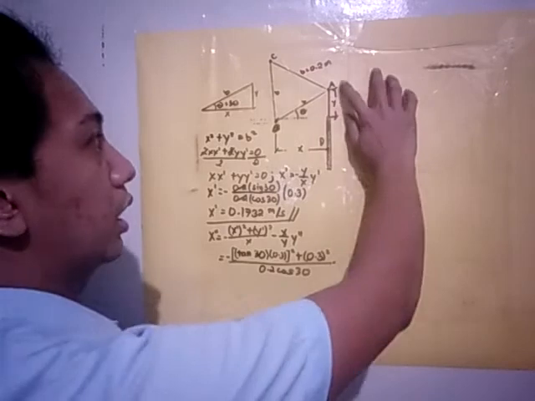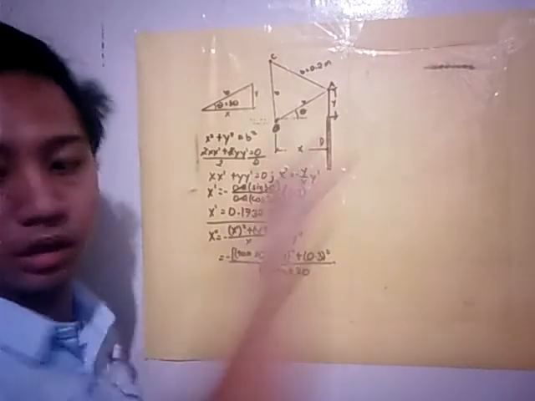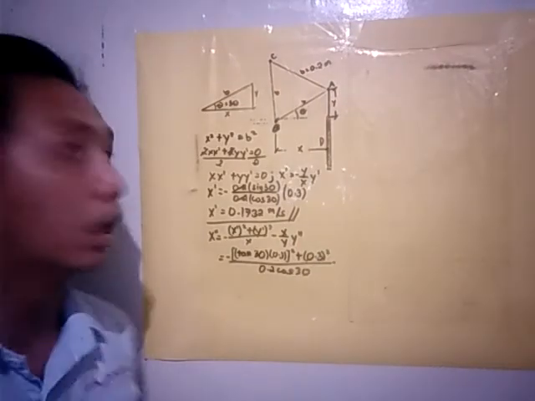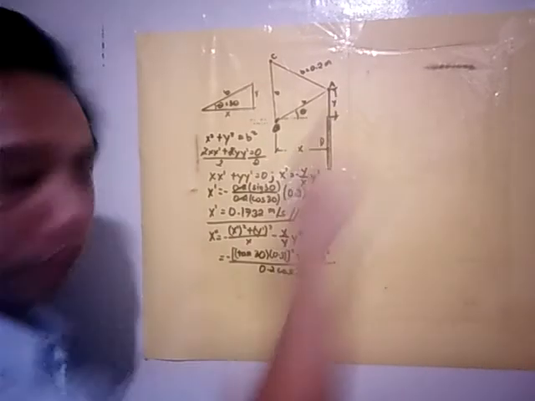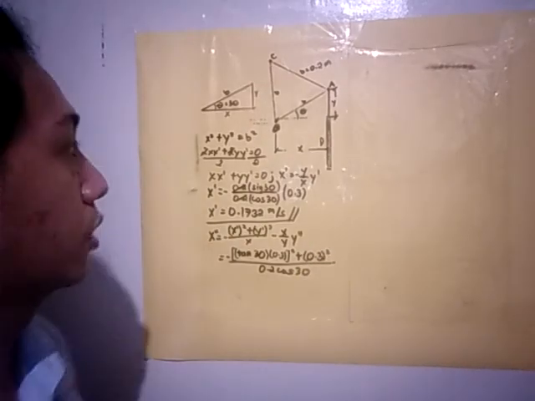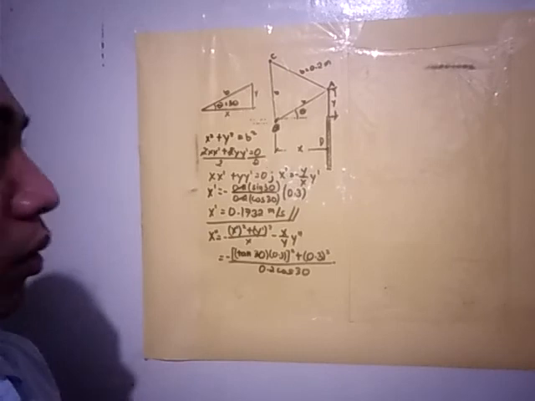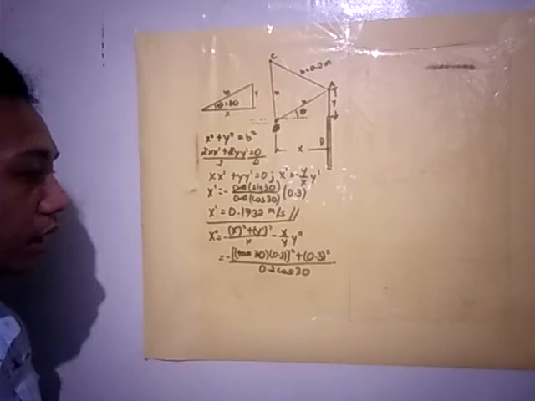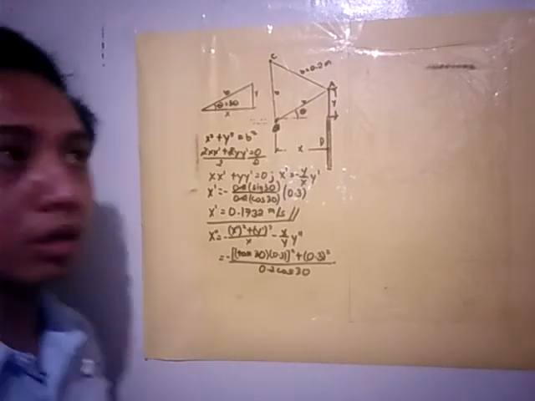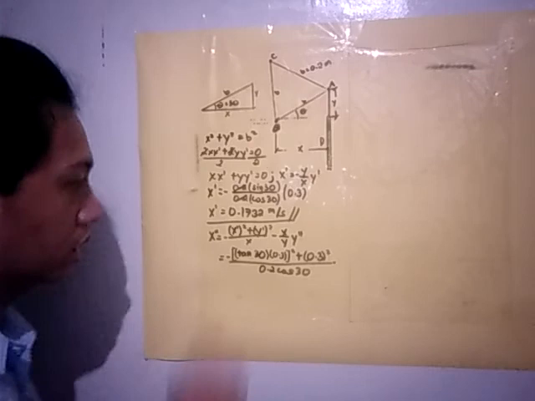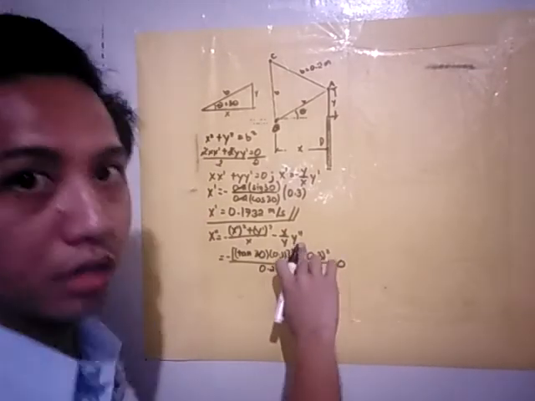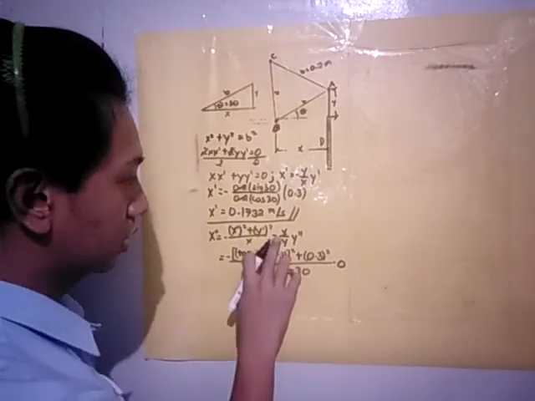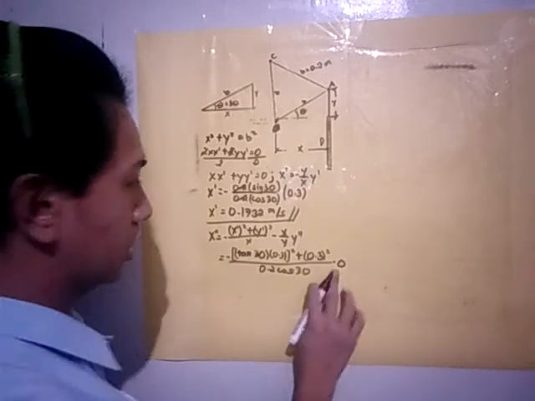Because the velocity here is constant. It is said in our problem that the velocity at our rod is 0.3 constant. So pag constant ang ating velocity, ang ating acceleration ay 0. Ang y double prime is acceleration. So 0 times x divided by y is 0.